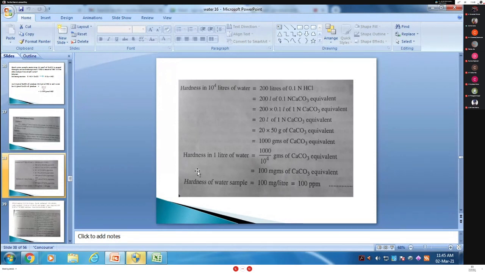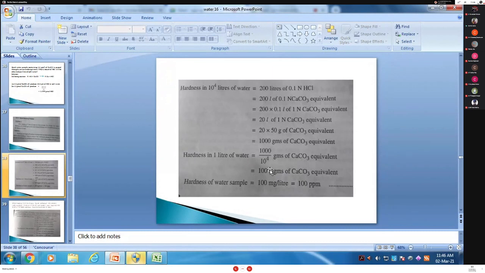Then write down: hardness in 1 liter of water is equal to 1000 divided by 10 raised to 4 grams of CaCO3.